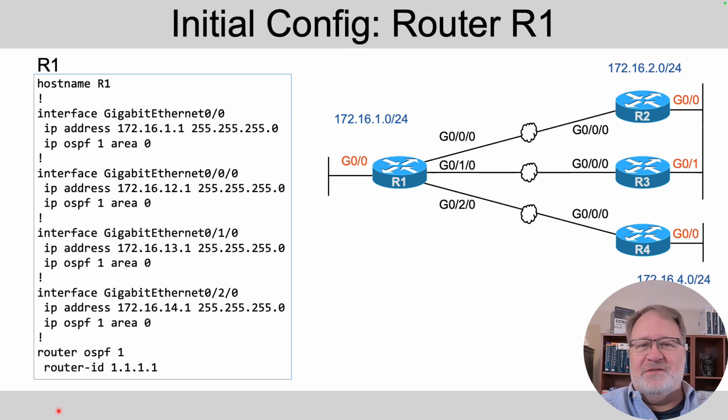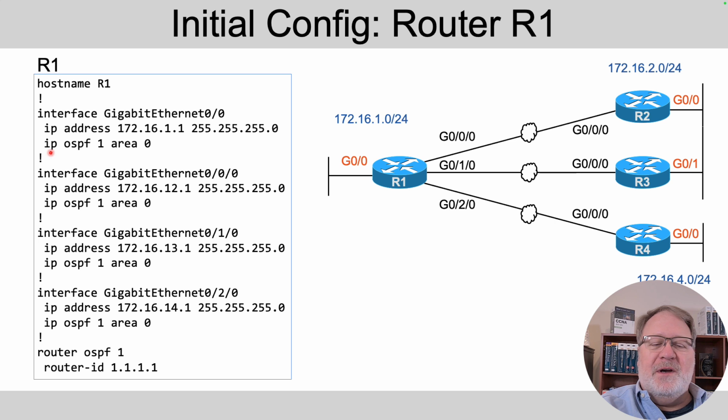Well, here's the relevant config on router R1. So let me work through it systematically. R1 in the diagram shows 4 interfaces for this lab. So we've got 4 interfaces in the config. Then under each, we've got a pair of similar commands. For each interface, we've got an IP address command and an IP OSPF 1 command. The IP address commands configure the IP address on the interface.